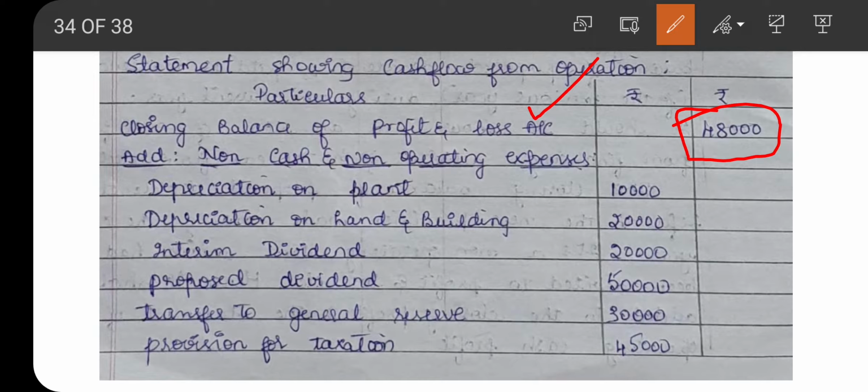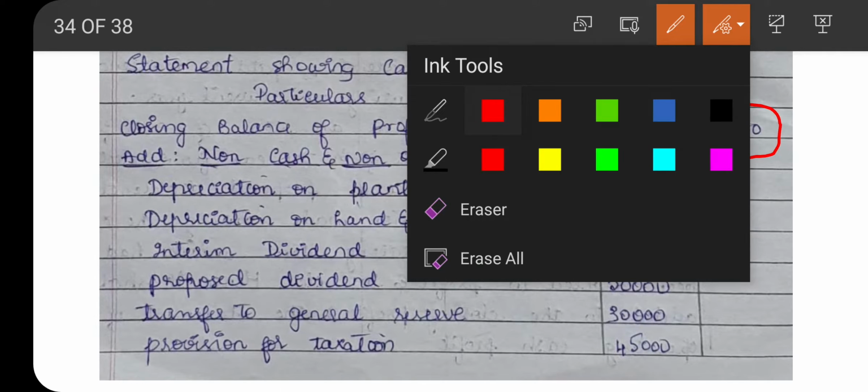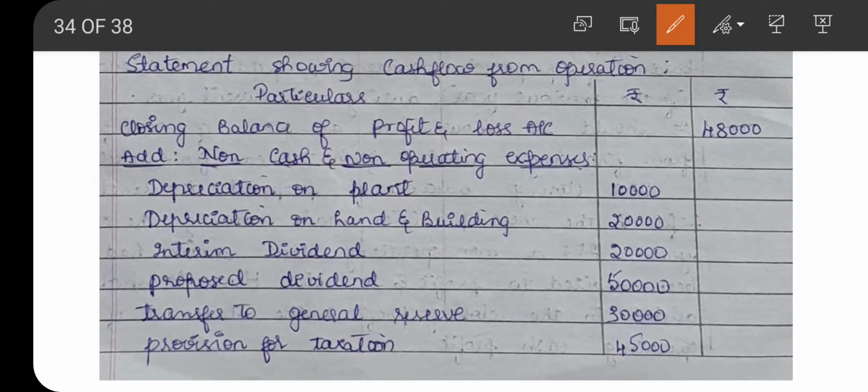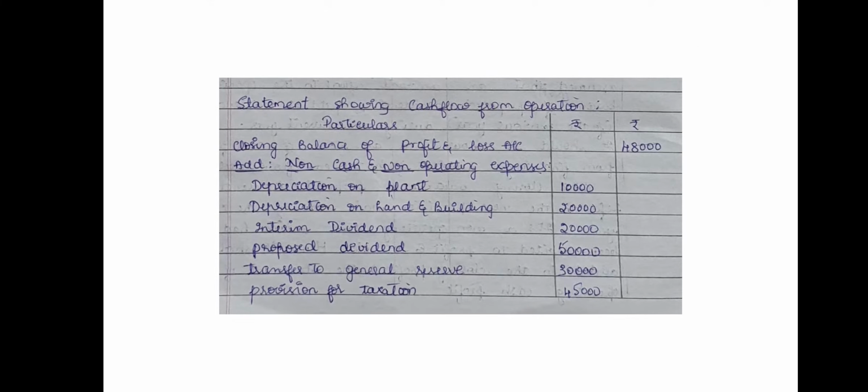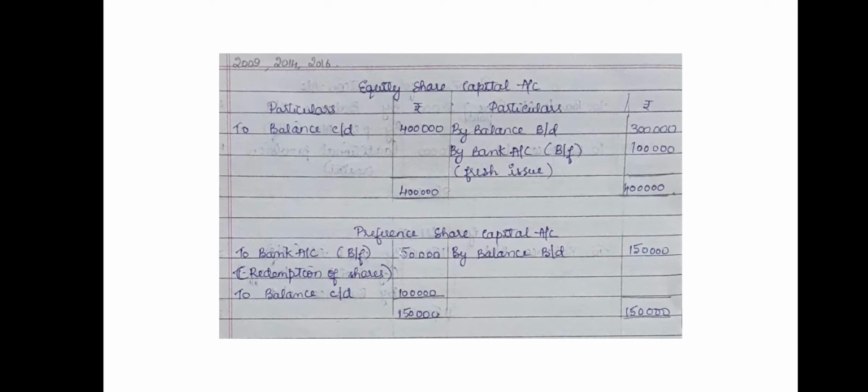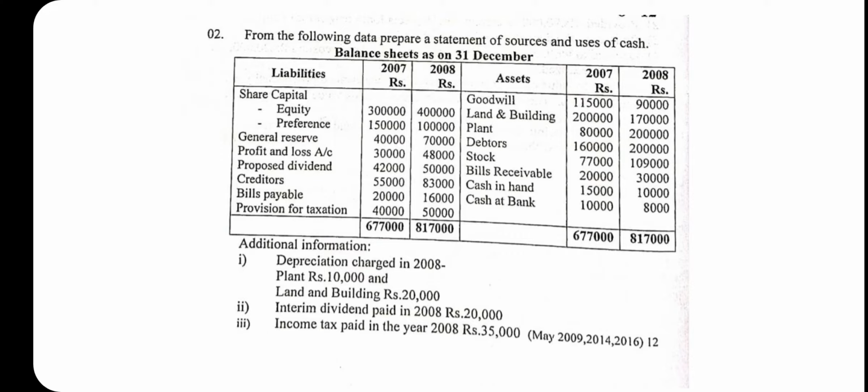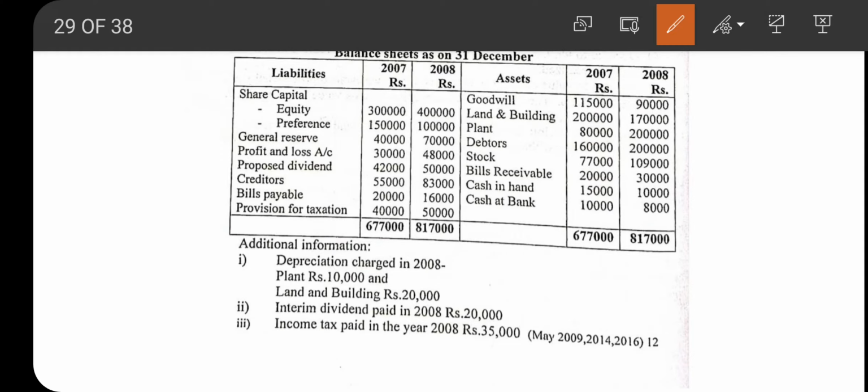Add non-cash and non-operating expenses. We have different non-cash and non-operating expenses, so go through the problem. Whatever has been given in the adjustment, we need to consider that.